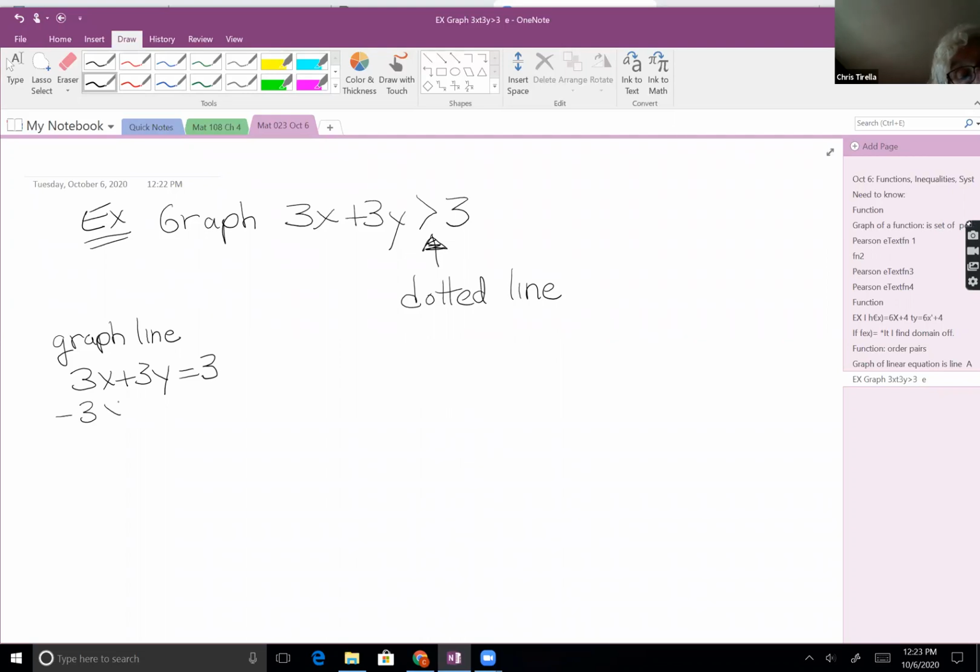So I'm going to solve for y, subtracting 3x gives me 3y equals negative 3x plus 3. And then to get y all alone, I have to divide both sides by 3. And I get y equals negative x plus 1.